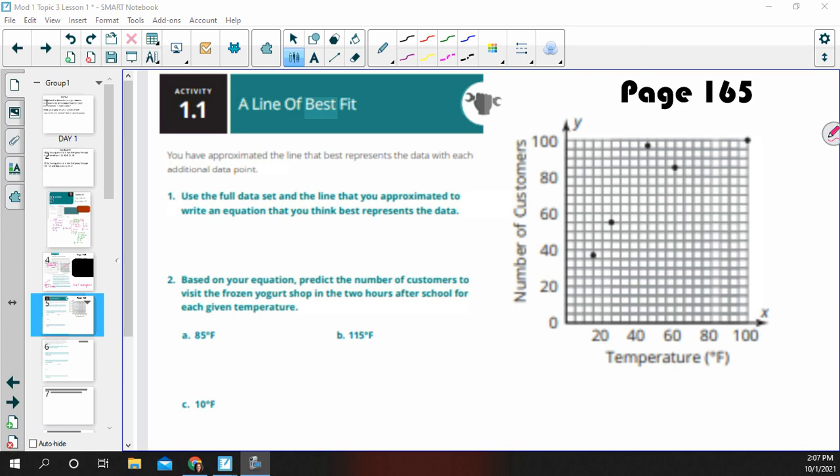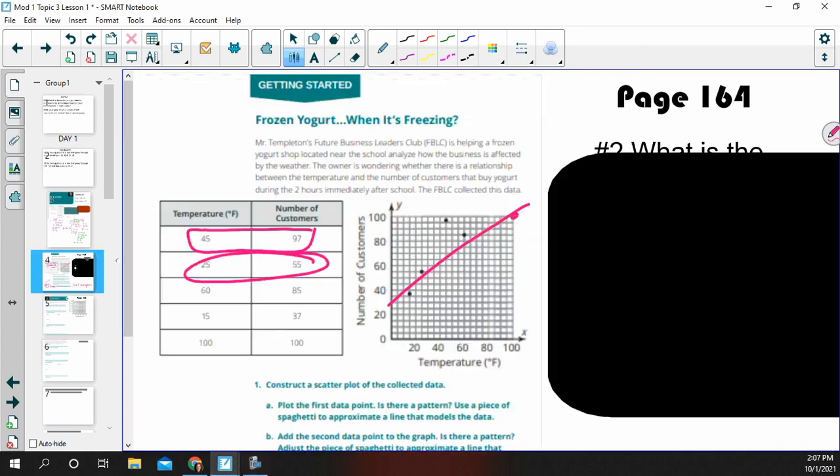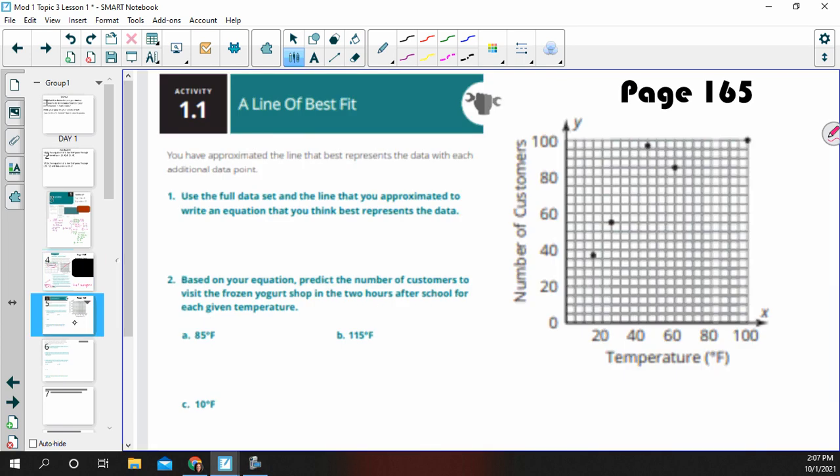We are going to have different answers because we're all going to pick different points. So pick the points you want. I'm going to pick the 15, 37, and then the high one, 100, 100. So first thing I'm going to do is find my slope.